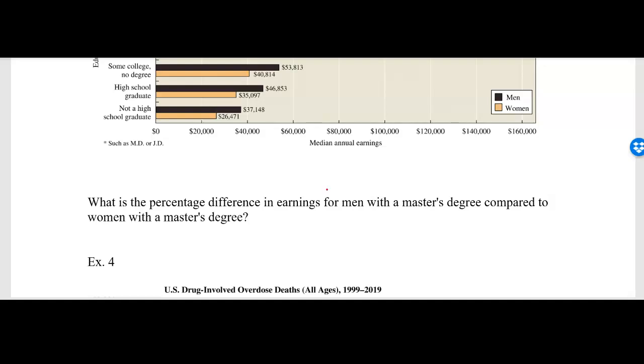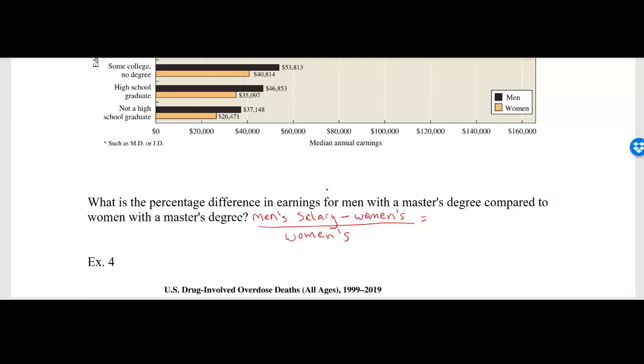So that means we're going to take the men's salary minus the women's. And then we want to divide that because we want to compare it with the women. So that means we'll divide it by the woman's salary. Okay, that's basically what our formula would be.